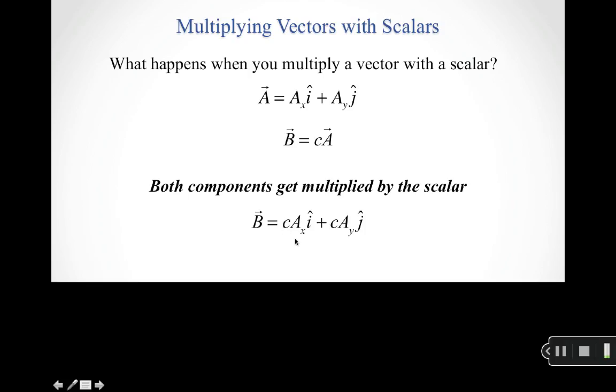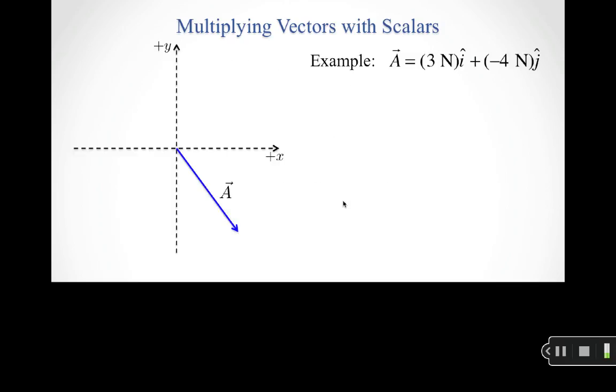So vector B is going to be equal to my scalar C times Ax, that's going to be its new x component for vector B, and C times Ay is going to be the new y component for vector B. So my rule in multiplying a vector by a scalar is simply to multiply both components by the scalar. Let's see some examples and then see what conclusions we can draw from that.